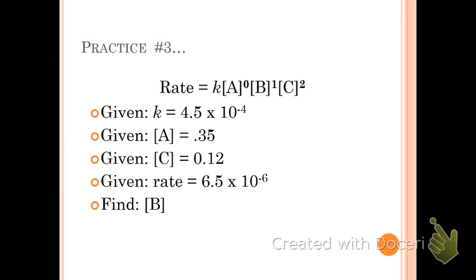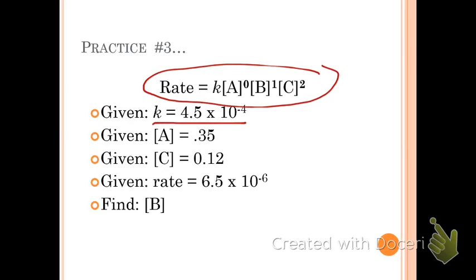Now, look at this. In this equation, you have your rate law expression here, and I have given you your parameters. I've given you your K value of 4.5 e to the negative 4. I've given you the concentration of A, which is 0.35. I've given you the concentration of C, which is 0.12, and I've given you the rate, which is 6.5 e to the negative 6.